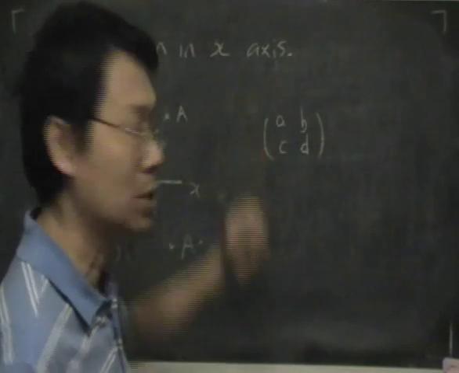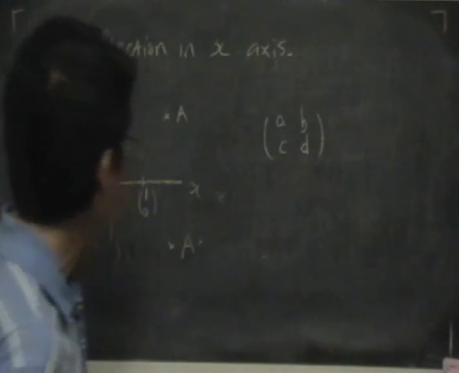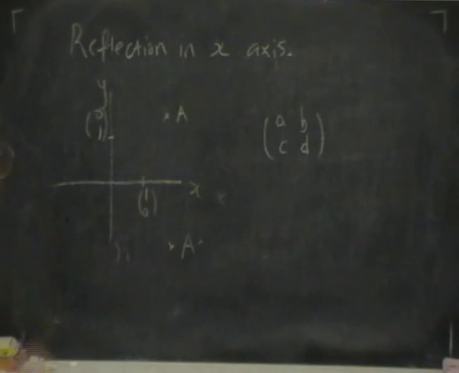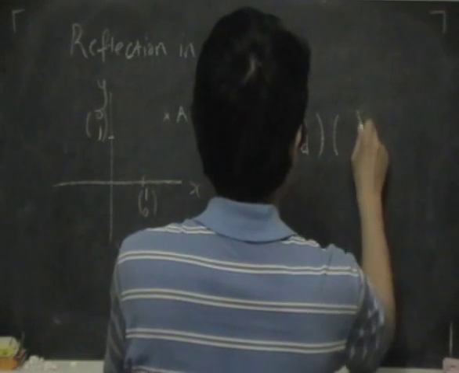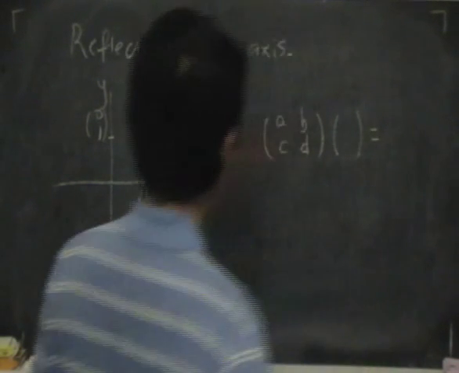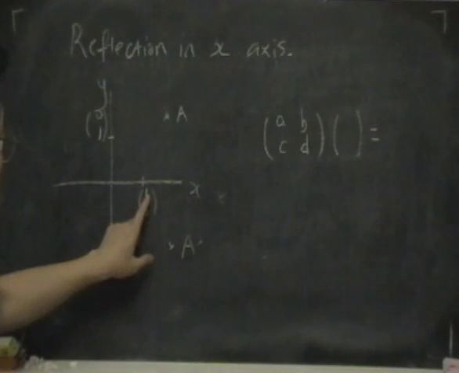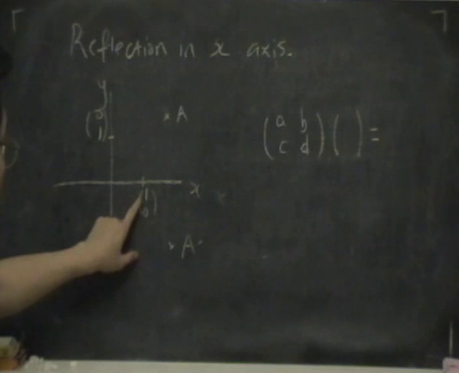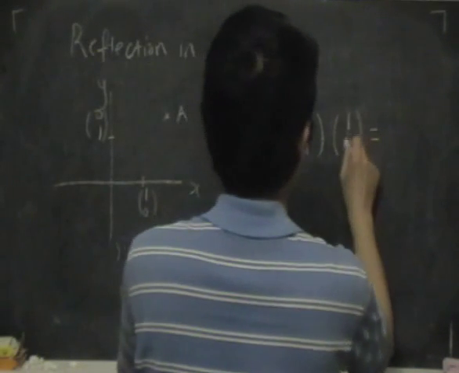So we are doing some algebra here. So let that be the matrix. And then I'm going to look at what happens when I apply this matrix to each of these points. So let me start with that one, the 1 on the x. That's 1, 0.